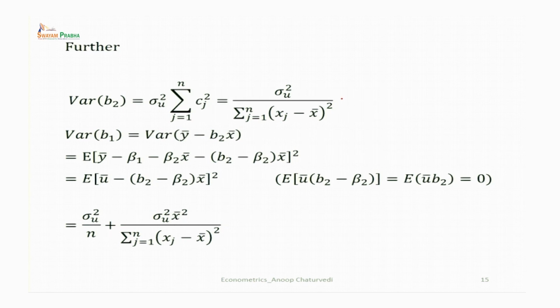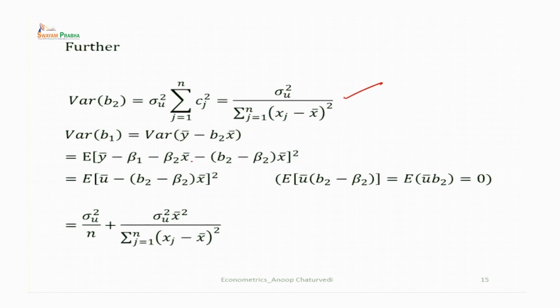So, finally, you obtain this expression, and variance of B1 is equal to variance of y bar minus B2 x bar. So, this is equal to expectation of y bar minus, you take expectation of y bar here. So, beta 1 minus beta 2 x bar minus B2 x bar minus beta 2 x bar, and then we take whole square.